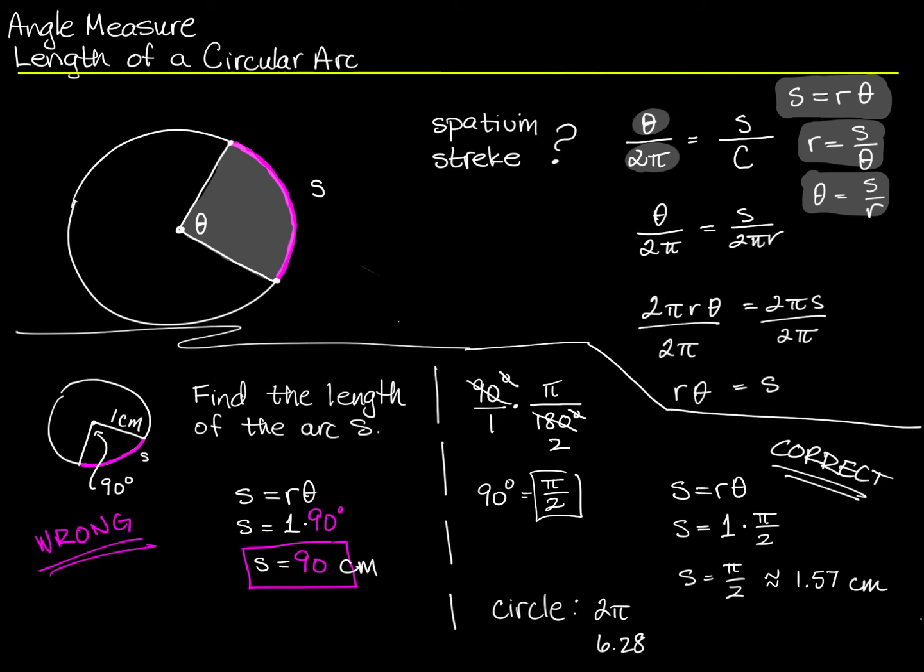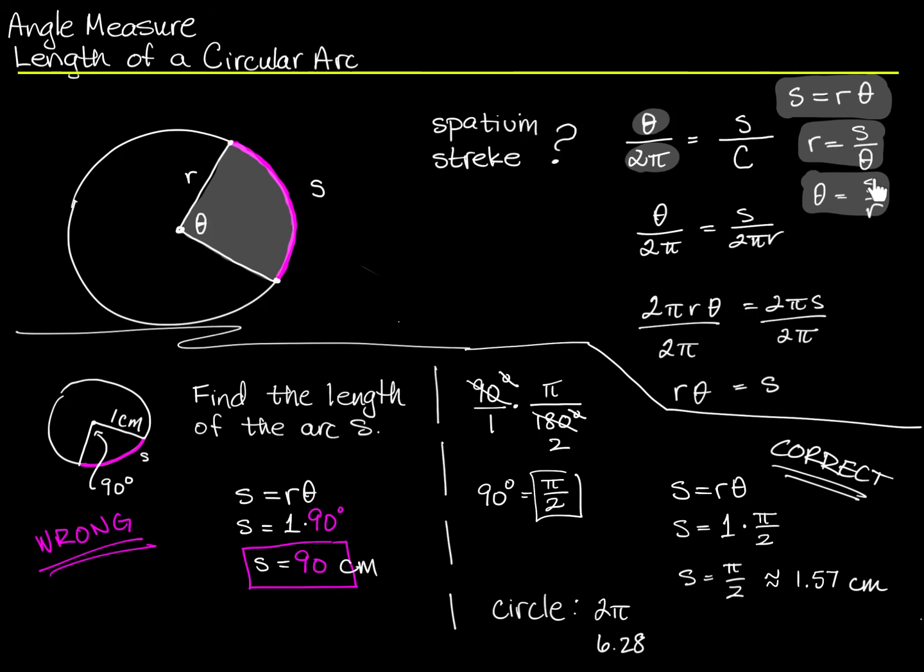The reason for doing that is that in this version, I can take a circle whose radius I know and the central angle I'm given and use that to find the length of an arc. So if I'm given the angle and the radius, I can use this formula to find the length of the arc. If I'm given the arc and the angle, I can use this formula to find the radius.